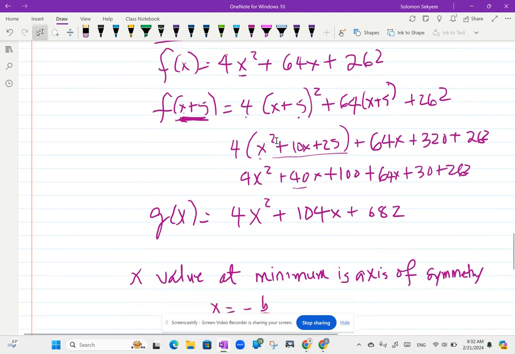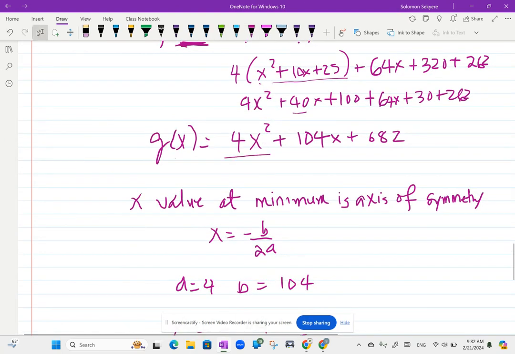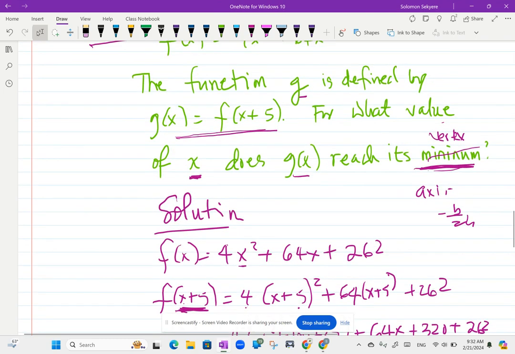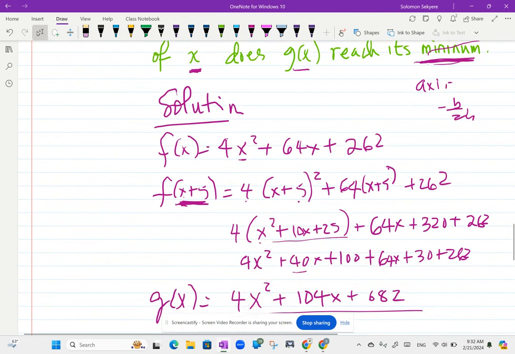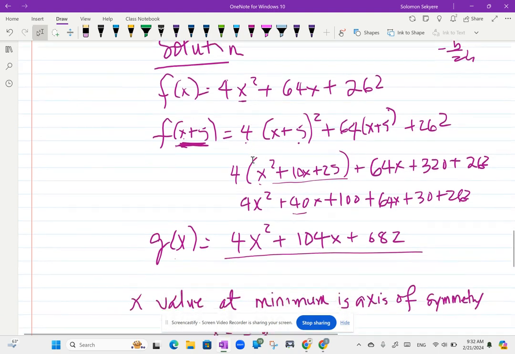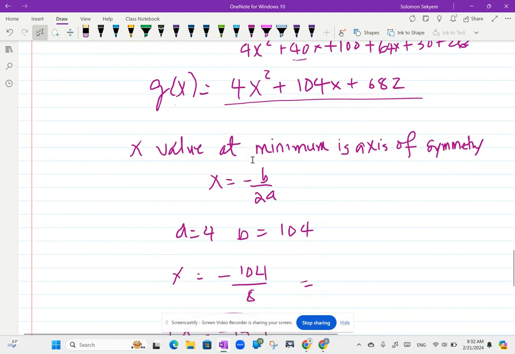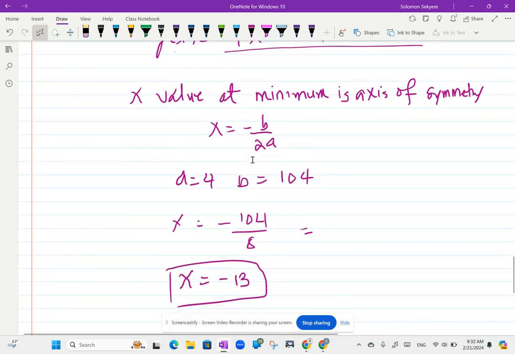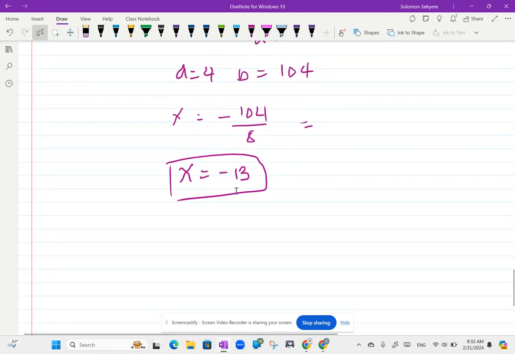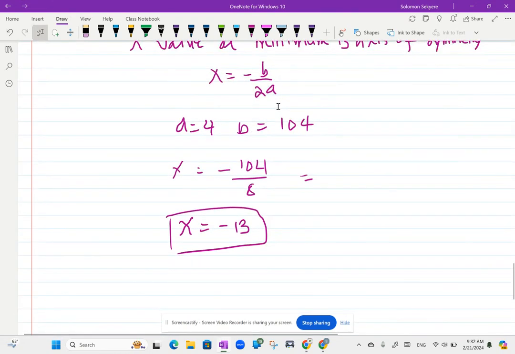When you put it all together, now you get your g of x. For what value of x does g of x reach its minimum? This is quick, right? It's talking about the axis of symmetry, negative b over 2a. You know your a, you know your b. Your answer is negative 13. It should be done pretty quick.